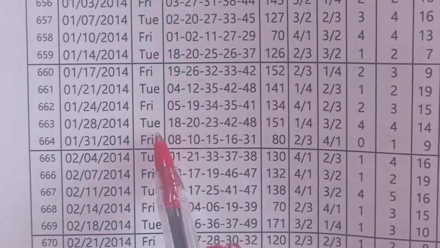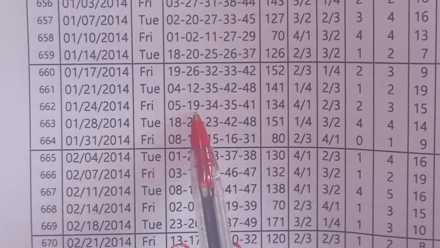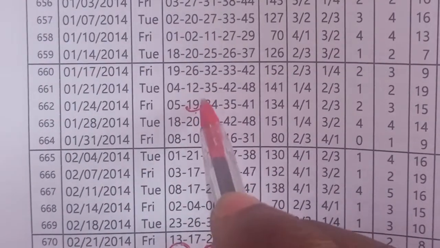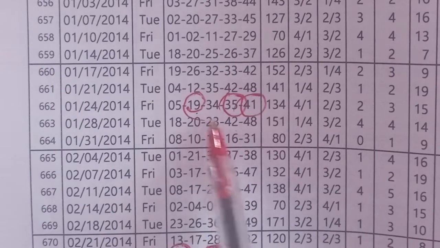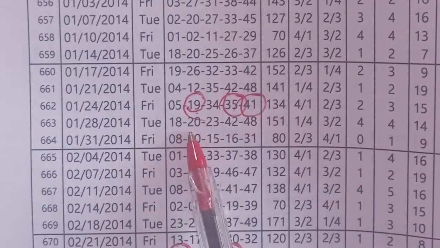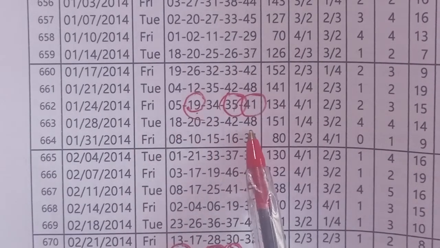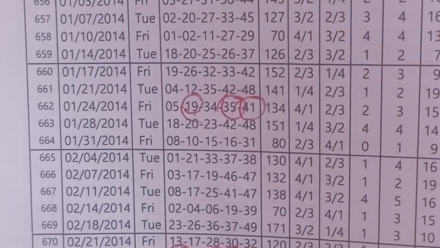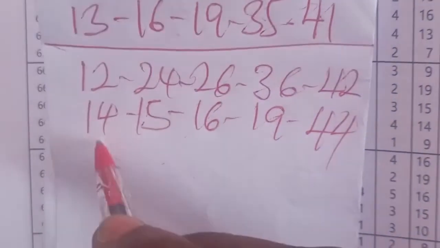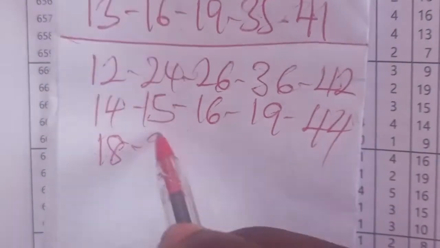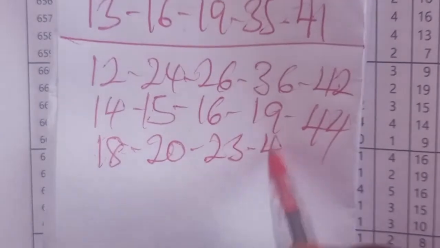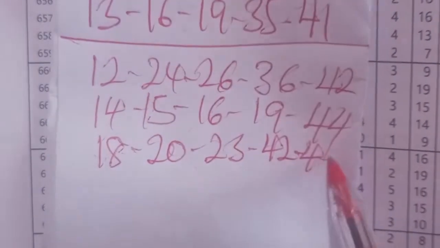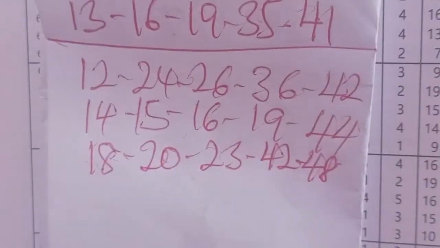We have the numbers 19, 35, 41. After which we have 18, 20, 23, 42, and 48. Let's copy those numbers: 18, 20, 23, 42, and 48.